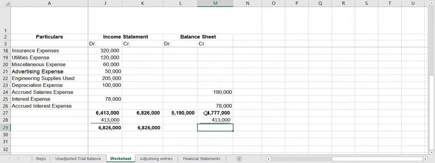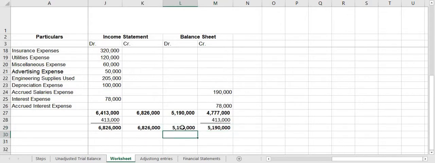The debit balance of your balance sheet. So, let's get the sum. Ayan. So, as you can see, equal si debit at saka si credit ng iyong balance sheet column.